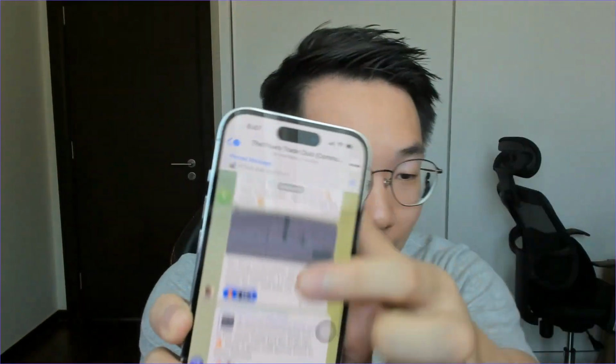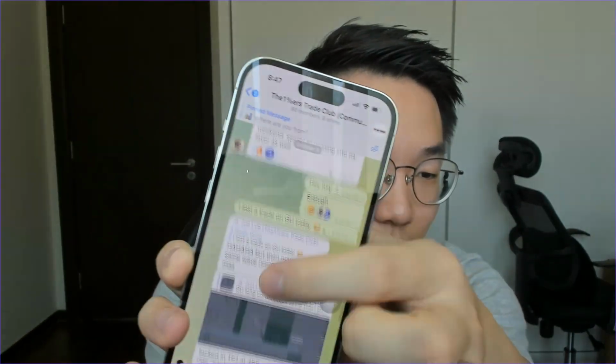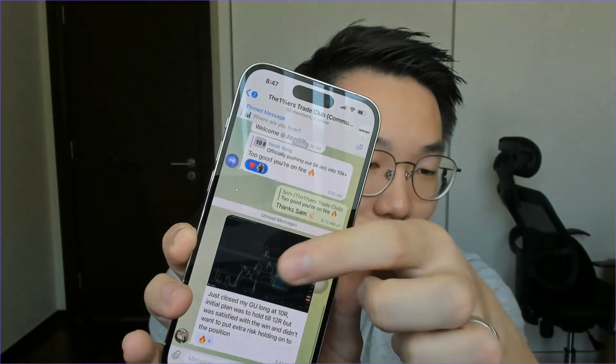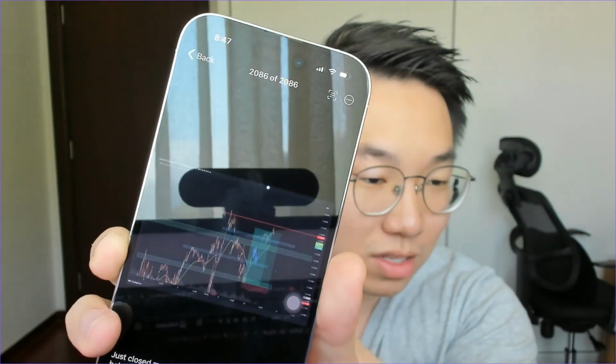So just to show all of you my Telegram group, absolutely insane. See that? Absolutely on fire. All the students, and one of them even secured a 10R trade. Always happy to see them performing well, although I took a loss on this.